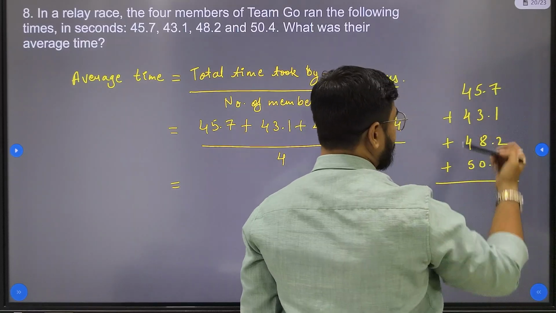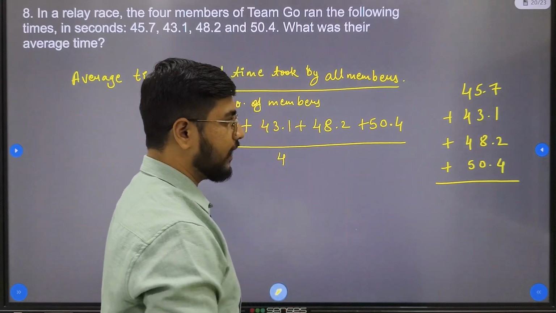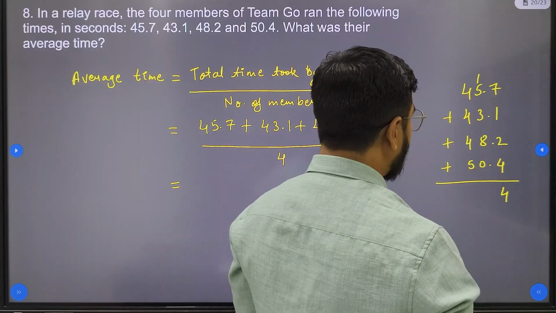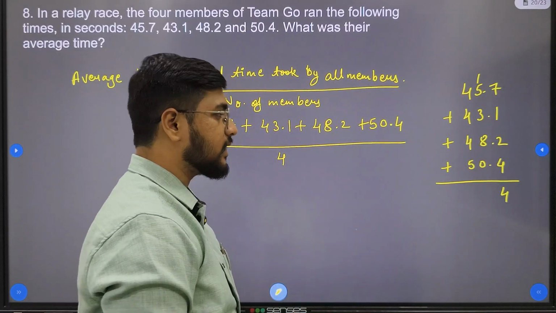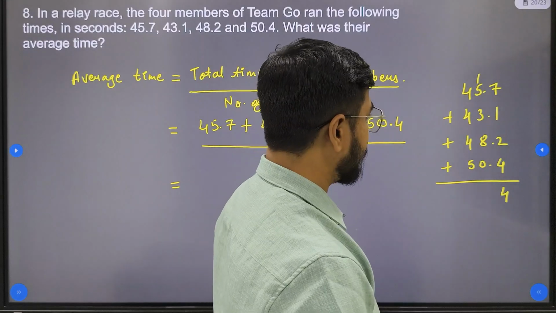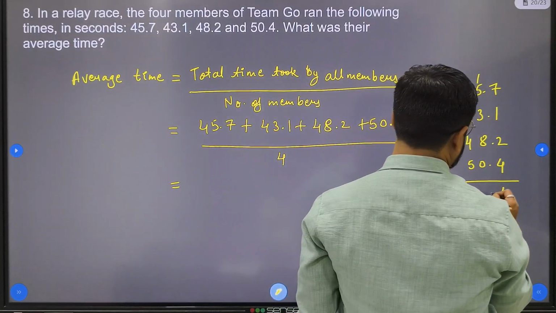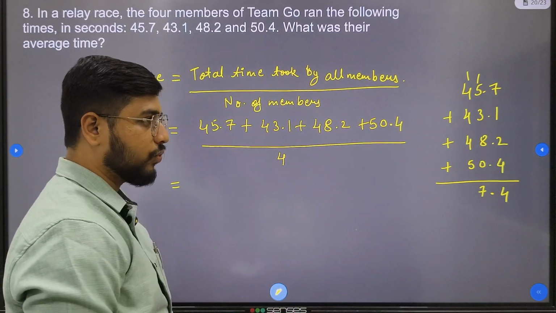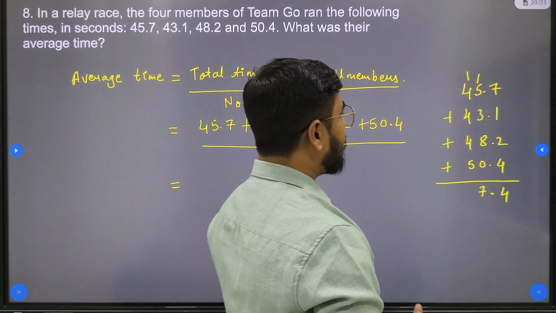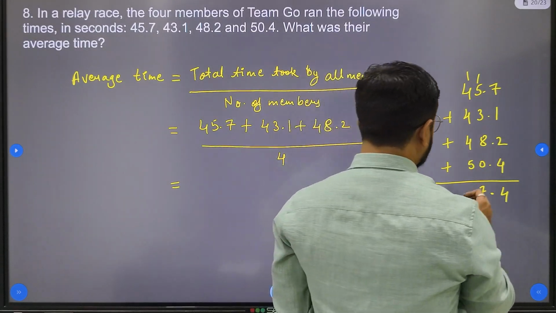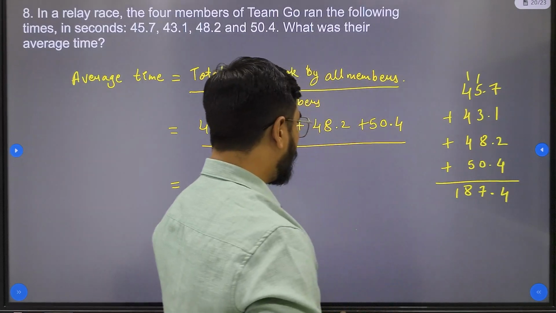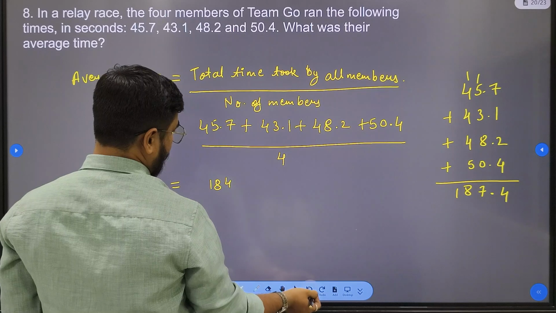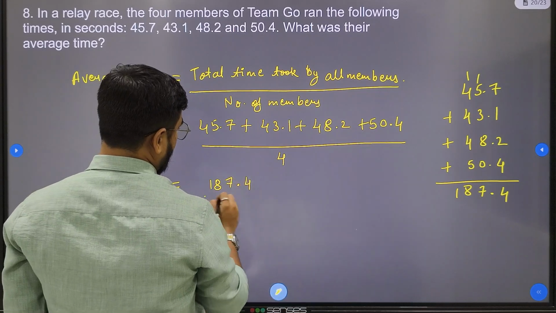Let's add them. 7 plus 1 is 8, 8 plus 2 is 10, 10 plus 4 is 14. 1 plus 5 is 6, 6 plus 3 is 9, 9 plus 8 is 17 plus 0 is 17. 1 plus 4 is 5, 5 plus 4 is 9, 9 plus 4 is 13, 13 plus 5 is 18. They have altogether taken 187.4 seconds.